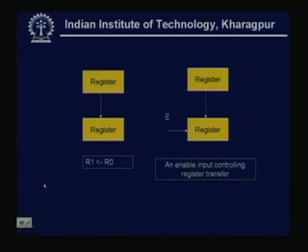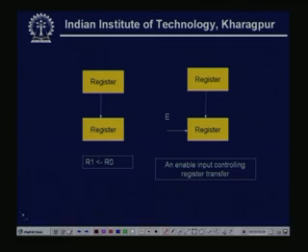Now, if we denote the 16-bit register transfer, this is my register R0 and this is register R1. To denote that this is a 16-bit register, the bus is denoted as 16. So, this is a 16-bit register transfer from R0 to R1.